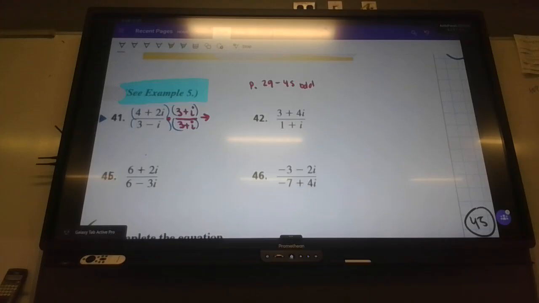Top would be 12, 4i, 6i, 2i squared. 12.